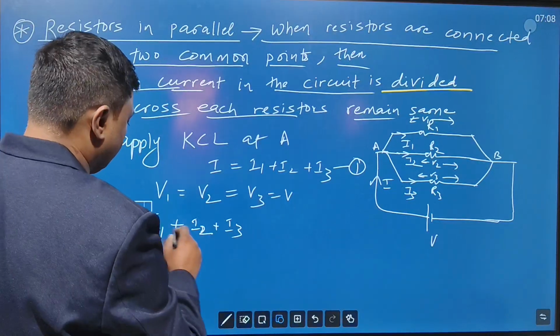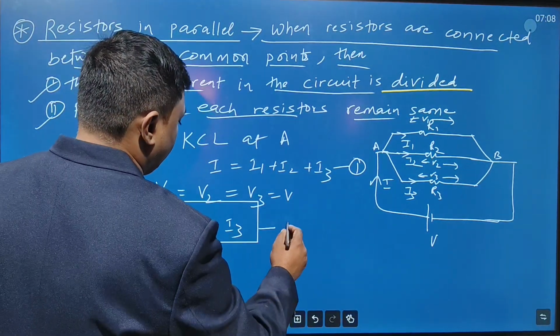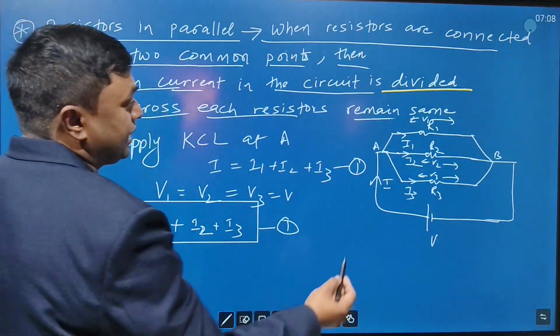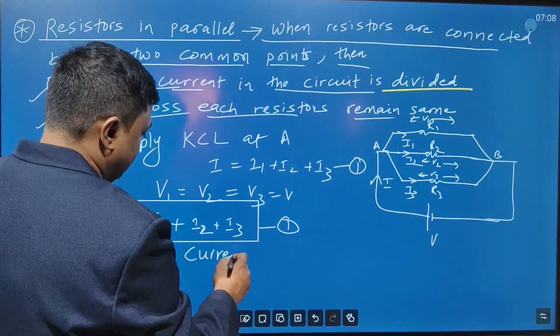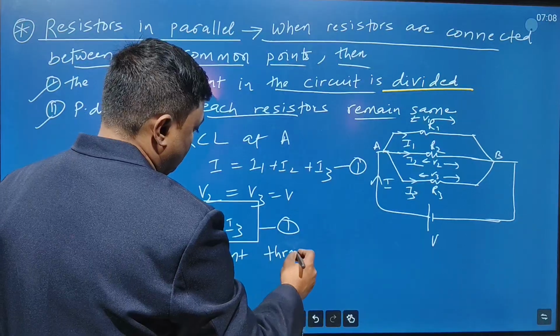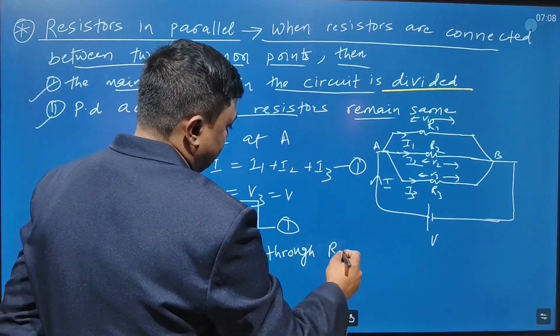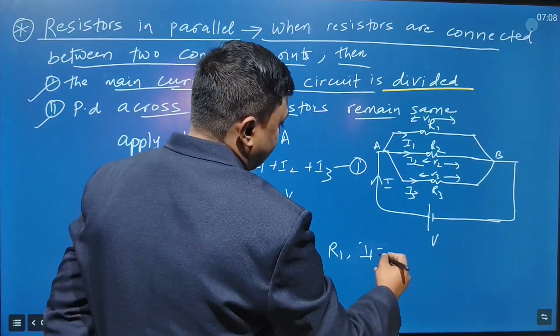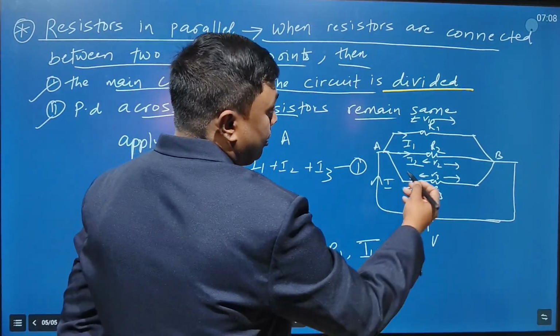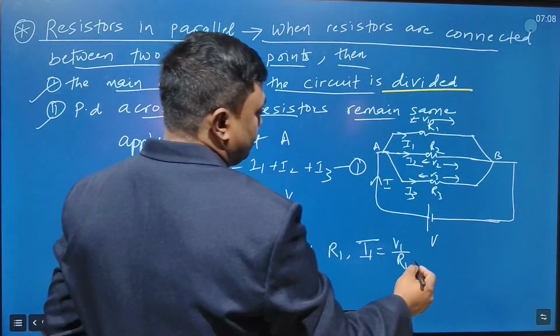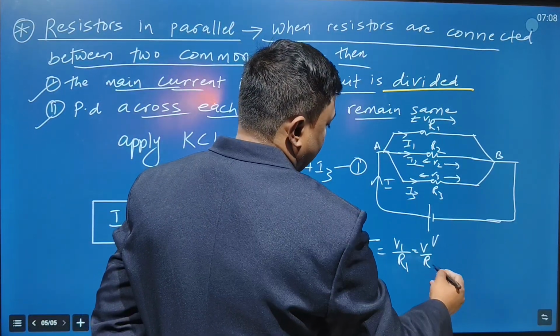Let's take this as equation 1. Now, what is the current through R1? That is I1. I1 is equal to V1 by R1 according to Ohm's law. But V1 is equal to V, so we can write V by R1.